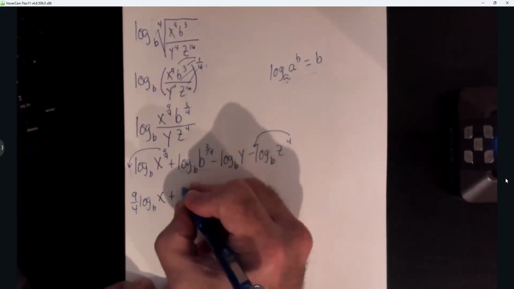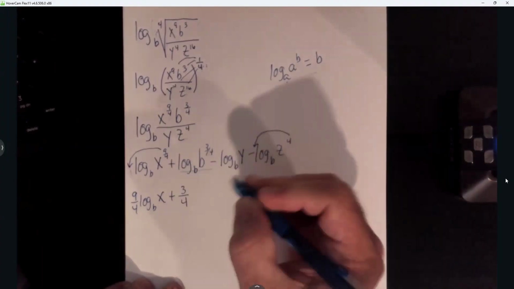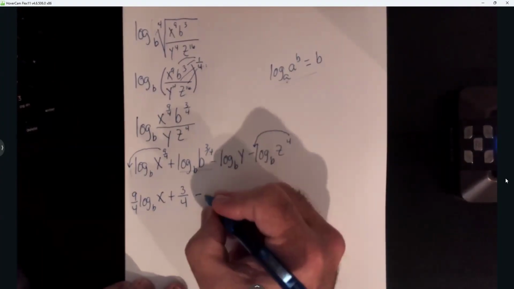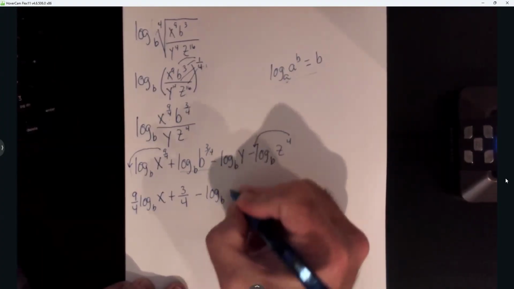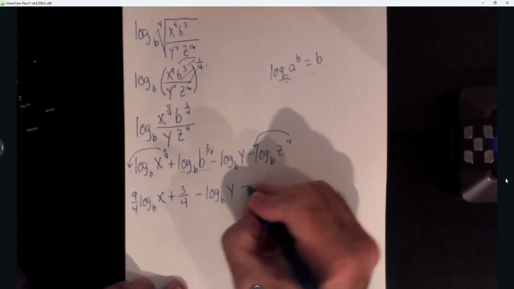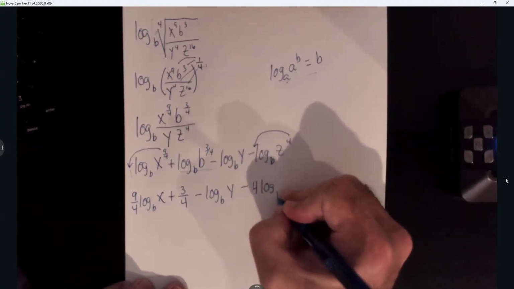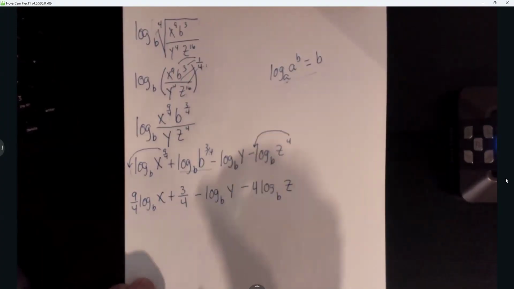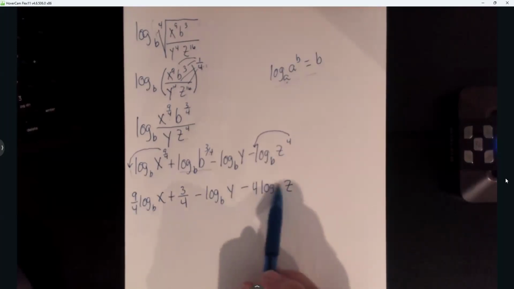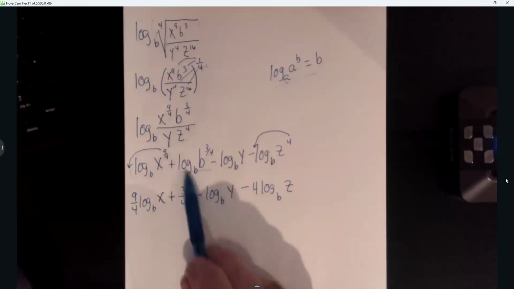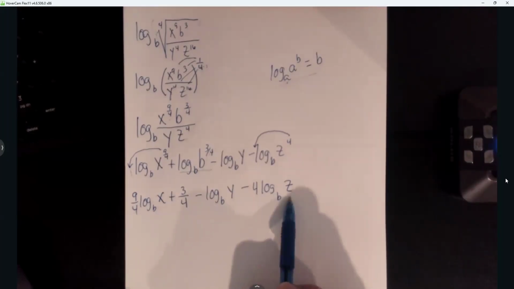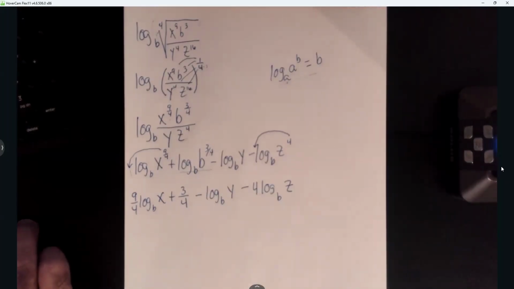Plus this one became 3/4 minus log b of y minus, bring the 4 down, 4 log b of z. All the exponents that brought down, this got converted, so there is nothing else I can do to that. So y'all, that is my final answer.